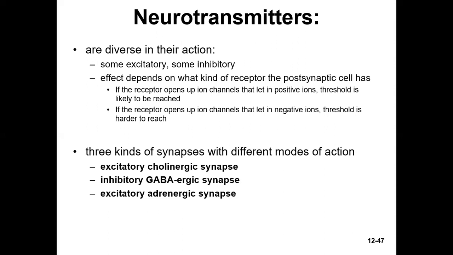So when we're talking about neurotransmitters and the kinds of synapses and how that contributes to how they are capable of acting, we will recognize excitatory cholinergic synapses, inhibitory GABAergic synapses, and excitatory adrenergic synapses.